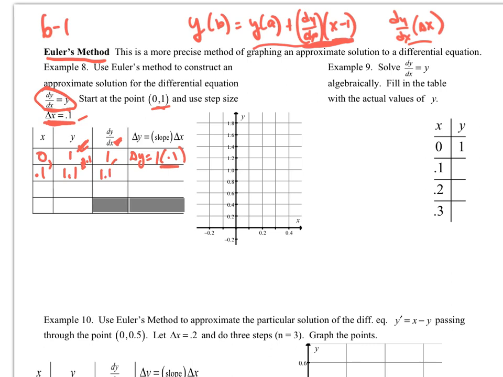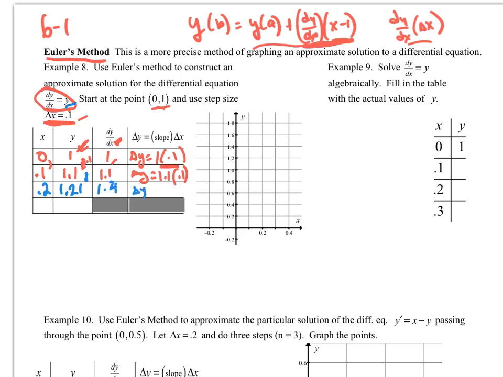What's my slope now? Well, it's going to be 1.1. The change in y then is going to be 1.1 times that delta x again. What is that value? Well, my change here is going to be 0.11, so this would be 0.2, 1.21. So that's what I'm changing by. My slope, dy dx, is the same thing as this y coordinate, so I'm going to get 1.21.